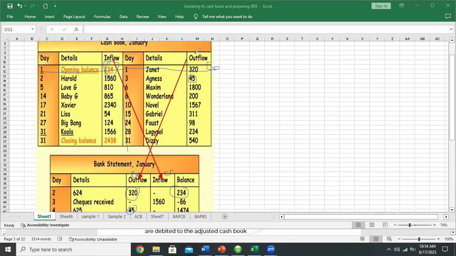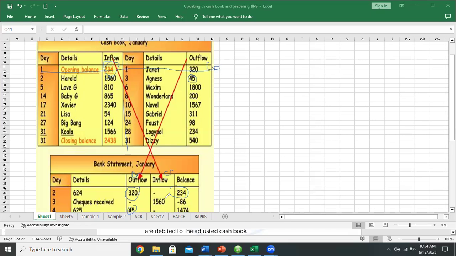So it's like whatever you see at the credit side should be at the debit side here on the bank statement. And whatever you see at the debit side of your cash book should be seen at the credit side. So please note that comparison for me, because that will help us to identify these unpresented checks and uncredited checks.